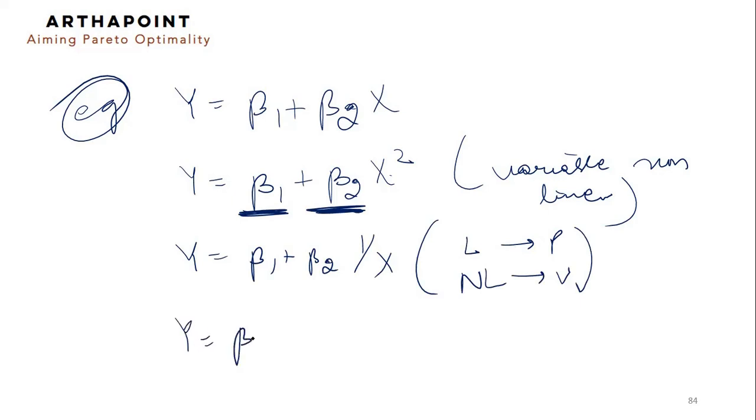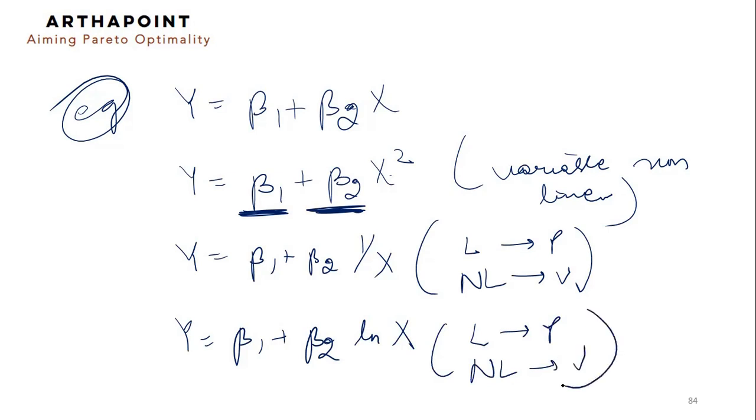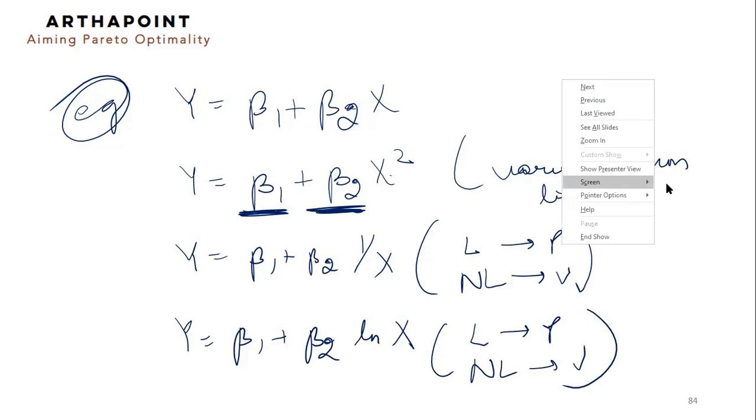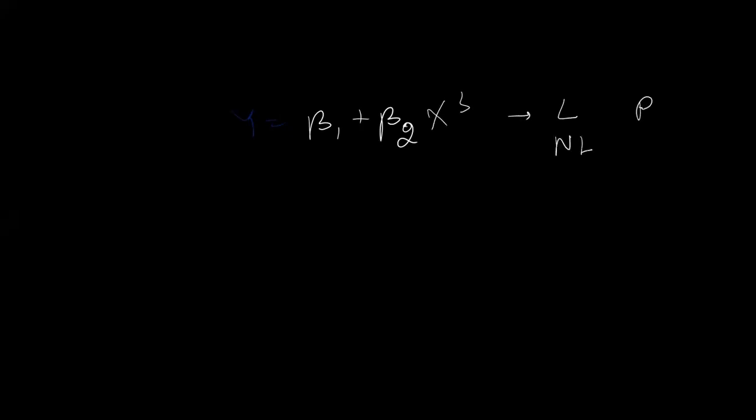Y is equal to beta 1 plus beta 2 ln x. This is also linear in parameter, non-linear in variable. Supposedly my equation is y is equal to beta 1 plus beta 2 x cube, linear in parameter, non-linear in variables.